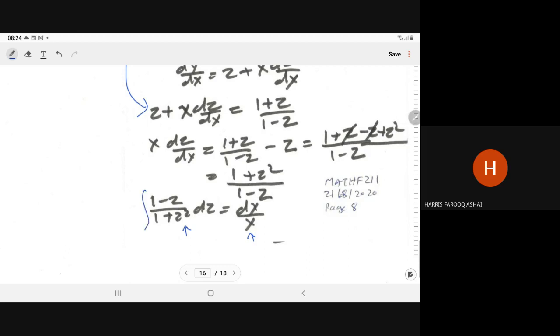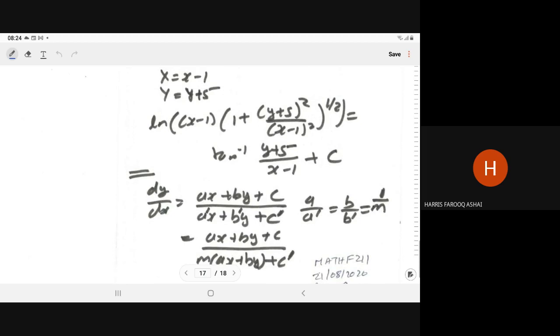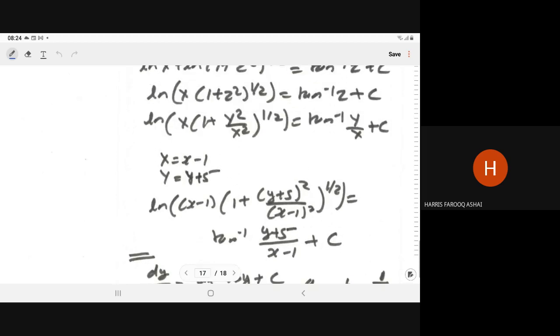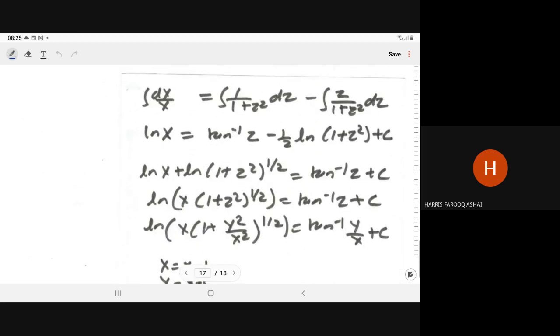So what is the benefit? Now just integrate on both sides. Here you will get the integral dX upon X is equal to the integral of 1 upon 1 plus z square dz minus the integral of z upon 1 plus z square dz.